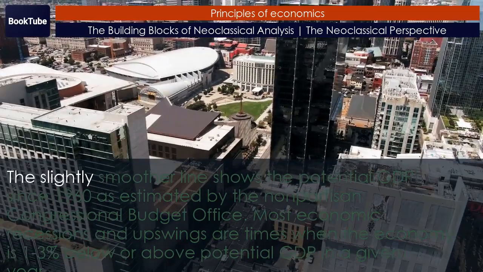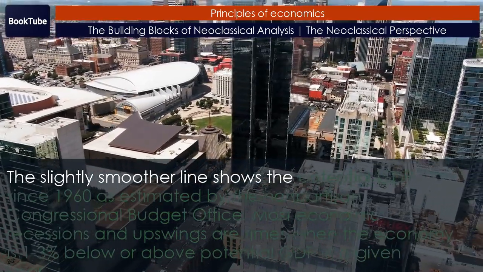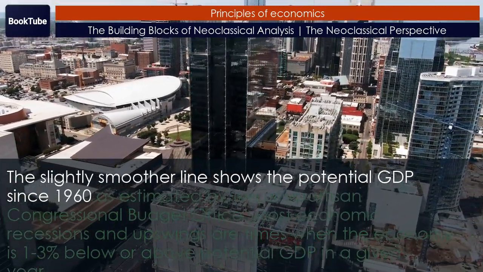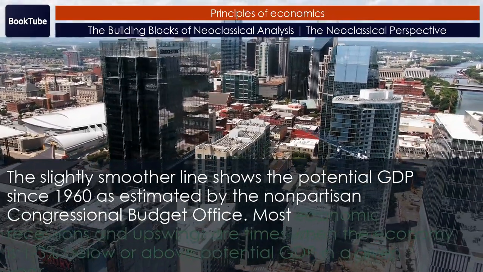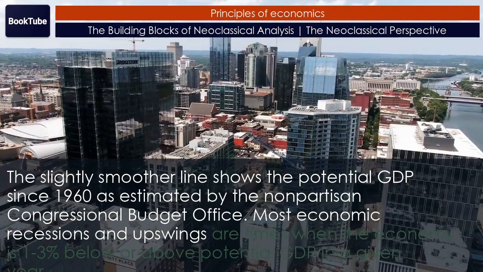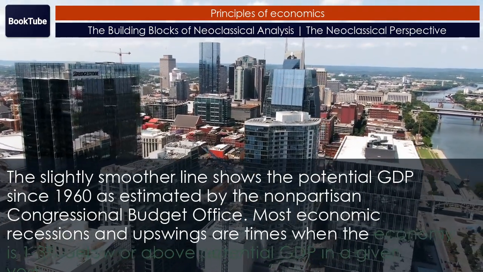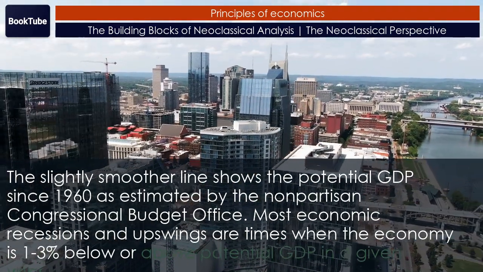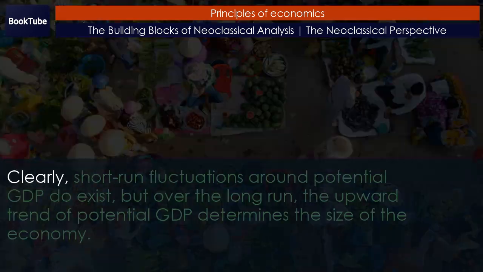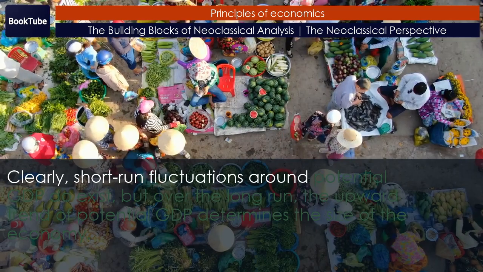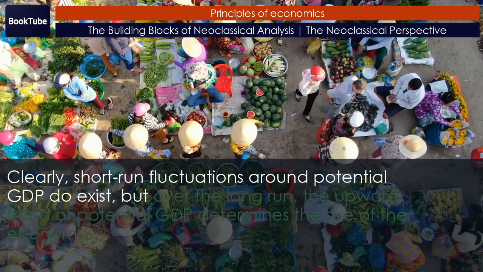The slightly smoother line shows the potential GDP since 1960 as estimated by the nonpartisan Congressional Budget Office. Most economic recessions and upswings are times when the economy is 1 to 3% below or above potential GDP in a given year. Clearly, short-run fluctuations around potential GDP do exist.